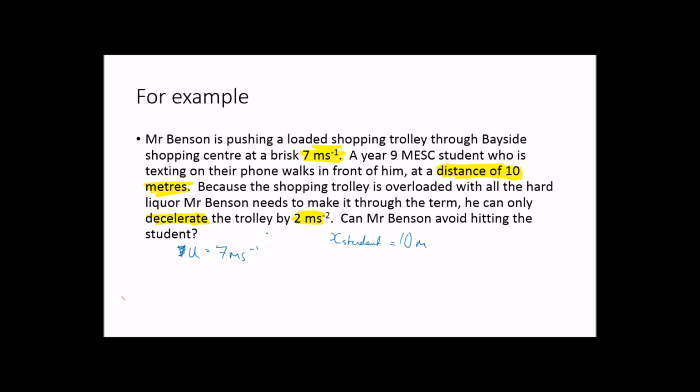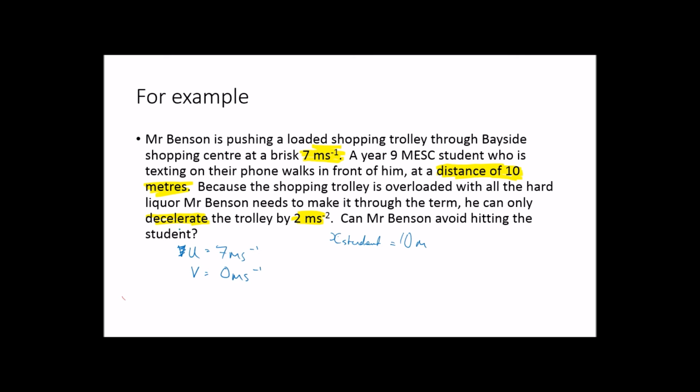Now, an implied value in this is, can I avoid hitting the student? Look, it's not a question about whether I can steer it, it's a question about whether I can stop it. So if I'm stopping it, what we're implying here is that I'm going to a final velocity of 0 meters per second.